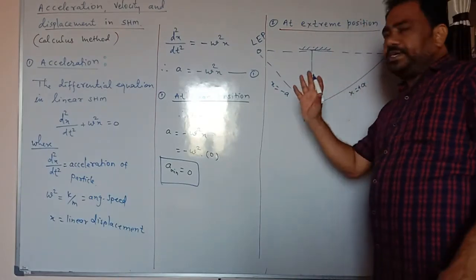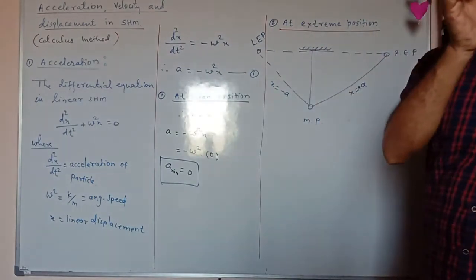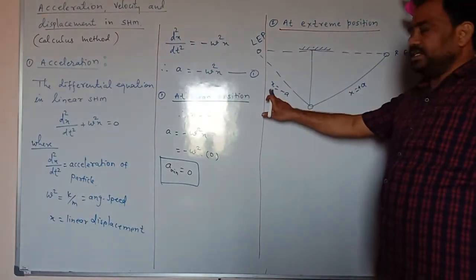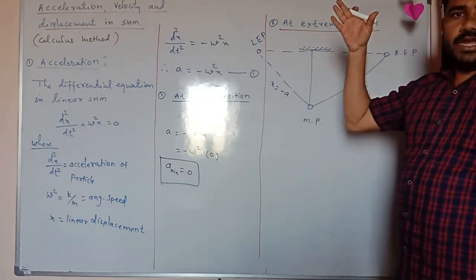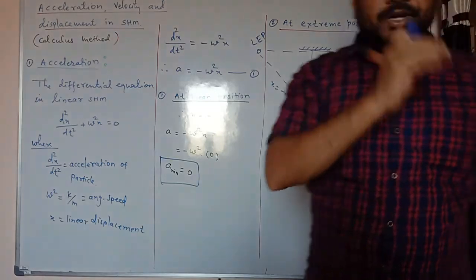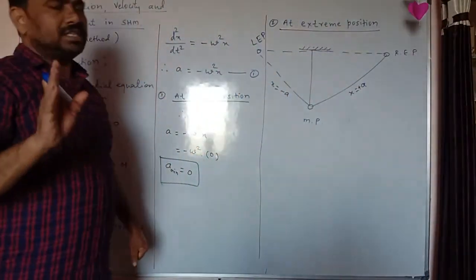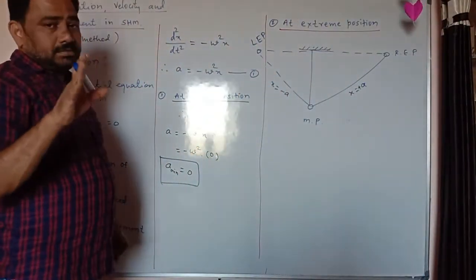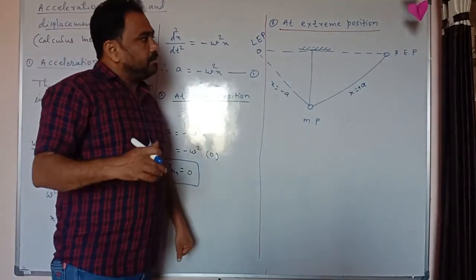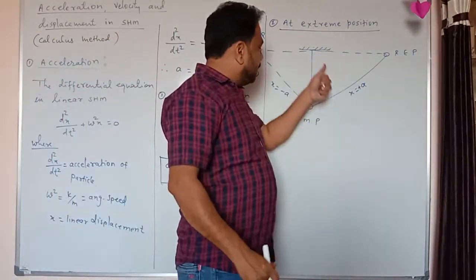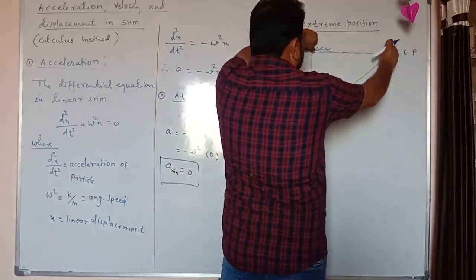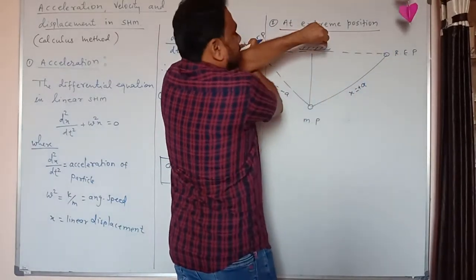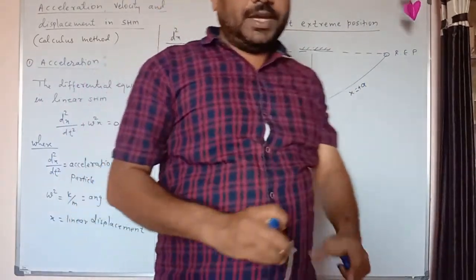But this amplitude shows the maximum displacement of the particle. So remember, amplitude is nothing but the maximum displacement of the particle, and we get it when the bob is at right extreme position or at left extreme position.